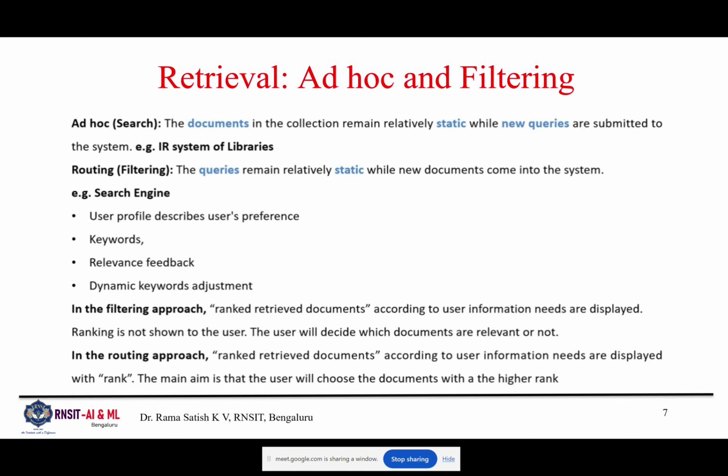A variation of this procedure is to rank the filtered documents and show this ranking to the user. The motivation is that the user can examine a smaller number of documents if he assumes that the ones at the top of the ranking are more likely to be relevant.